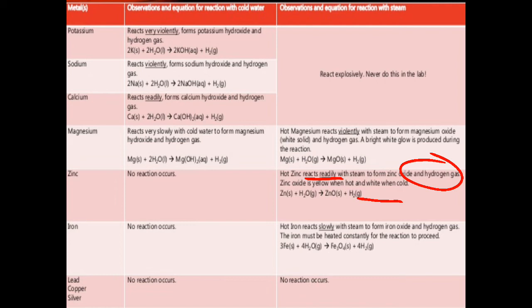The next is hot iron reacts slowly with steam to form iron oxide and hydrogen gas, and here the iron must be preheated, means it must be red hot, and it reacts with hot steam to give a very unique oxide.